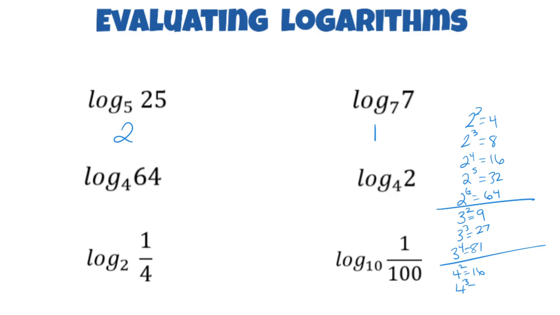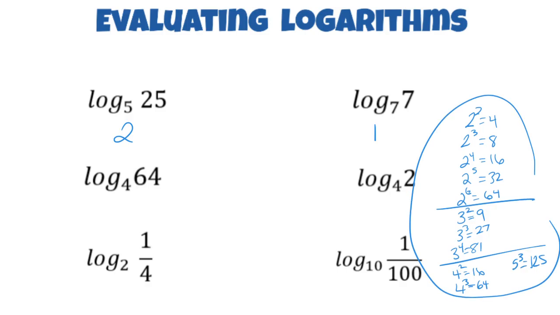Well, 4 to the third power is 64. Maybe even, how about 5 to the third power? I know you know 5 squared is 25, but what's 5 to the third? It's 125. You should know these and maybe spend a little time back in the good old days of doing flashcards when you were in the 4th grade learning your times tables. You got to know some of these numbers if you're going to be able to do logarithms.